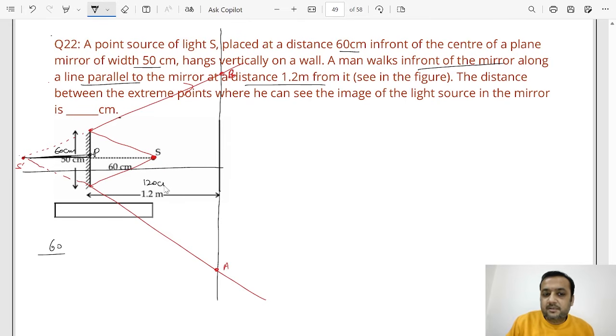This is 120 centimeter. So 60 plus 120, that means 180, will be equal to this upon this, similar triangles. So this is 50 upon AB. So AB is how much? 150 centimeter. I hope you have understood. All right.